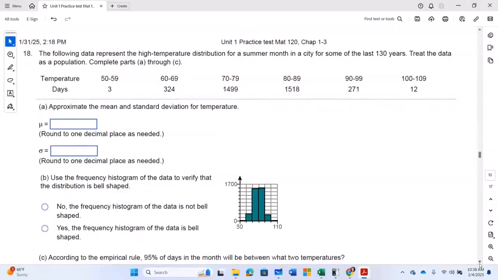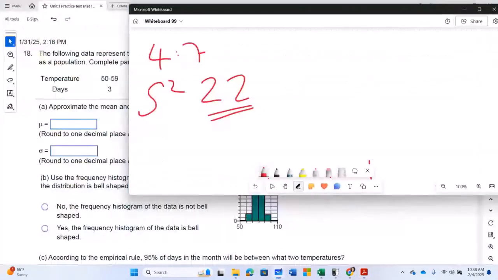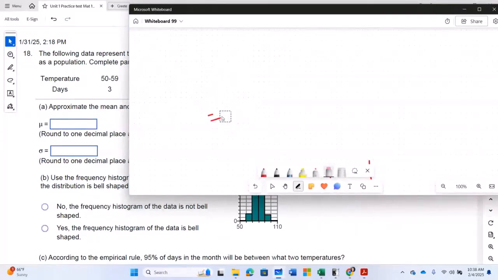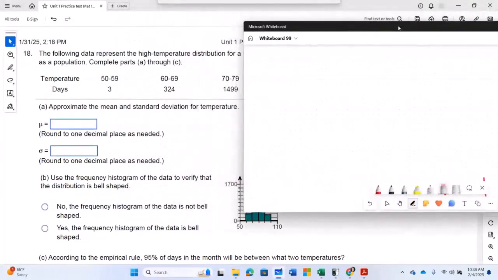The first thing we want to do, I am going to write this data on my whiteboard. I want to write this group data. The first thing I want to do is make sure the group data is standing up. Make it vertical.